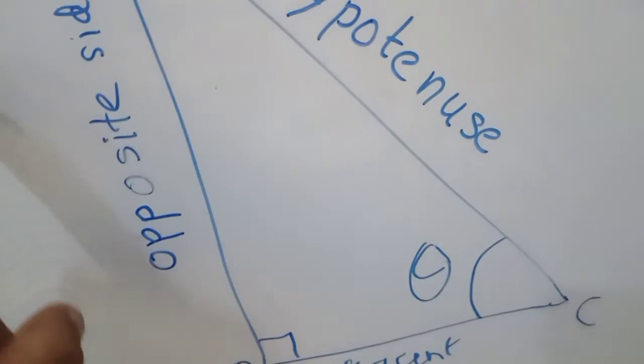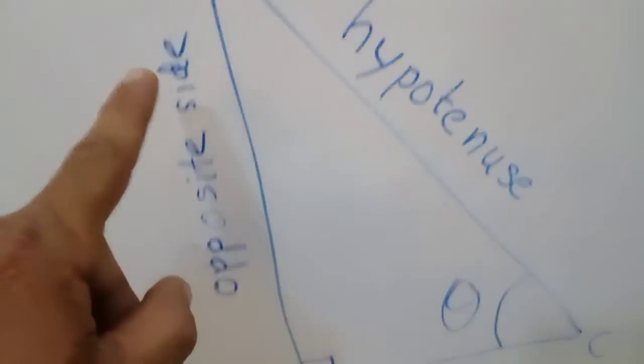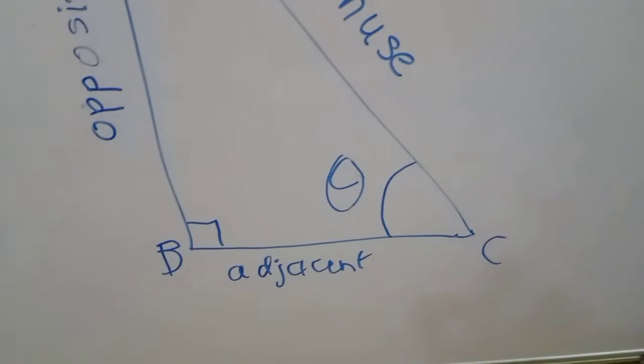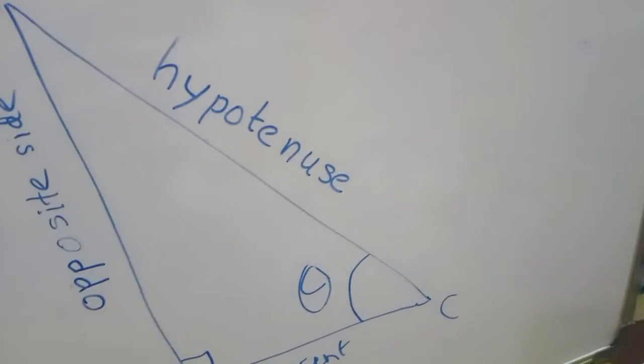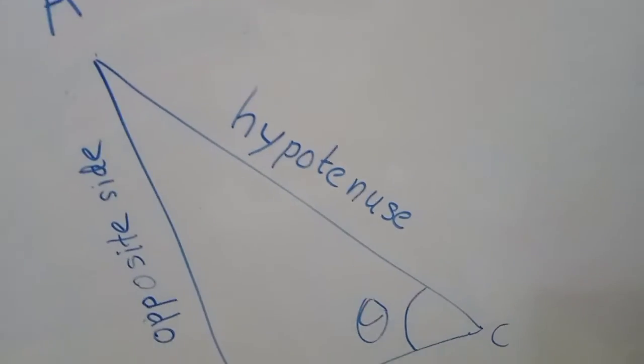The side that is opposite to the angle theta chosen here is called as opposite side. In this triangle of mine, AB is the opposite side and BC is the adjacent side. And we know very well that AC is hypotenuse.